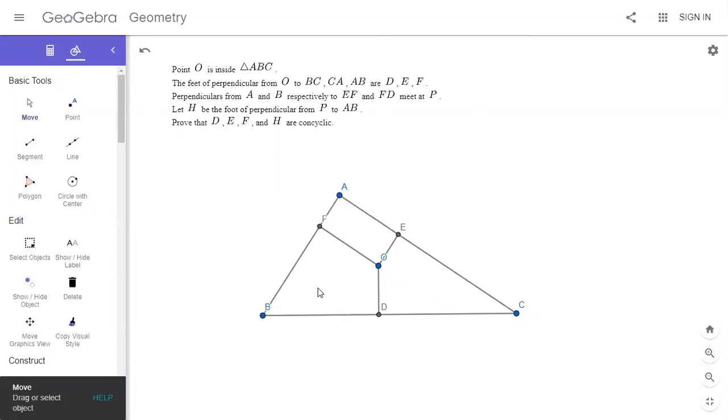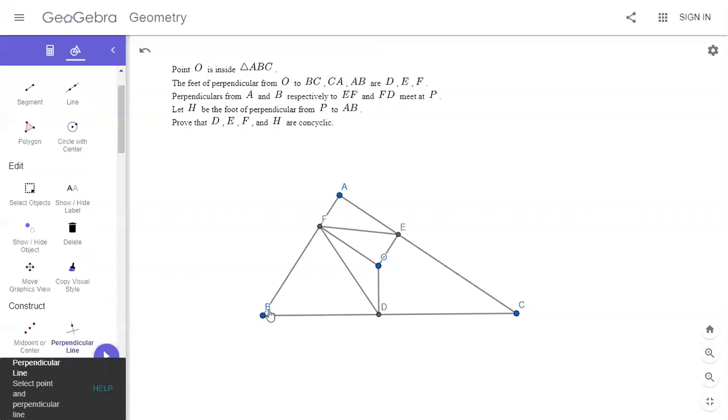Okay, so then we draw BC, CA, FD. Let me just finish drawing the diagram, then I might try to change it. So the perpendiculars from A and B to EF and FD meet at P.